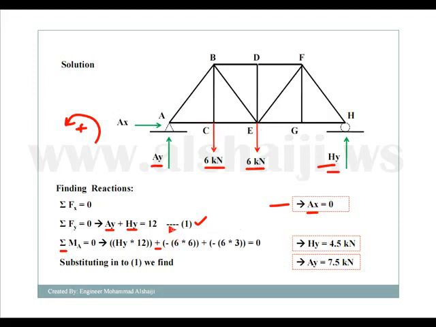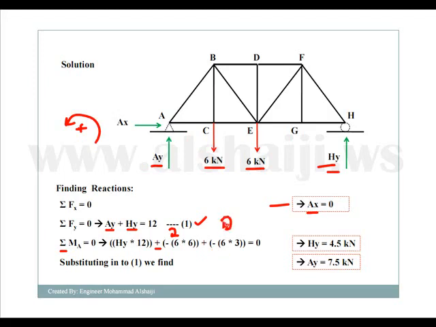Then we have the force 6 multiplied by 3 plus 3, which is 6. This force is going this way, which is negative, because it's opposite to whatever we assumed here. So that's the negative sign right here. The last force, which is 6 kilonewtons, times this distance, which is 3 meters, would give us a negative rotation.